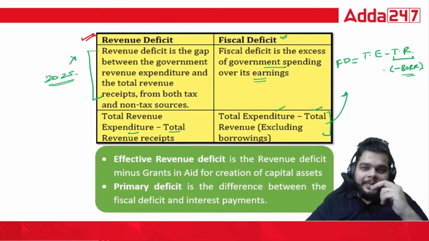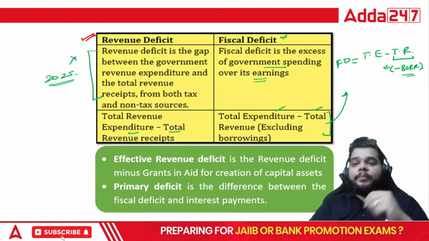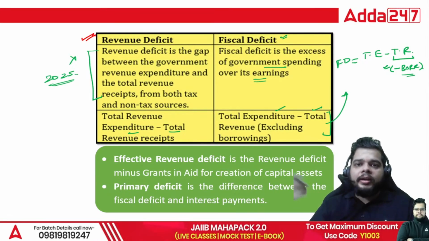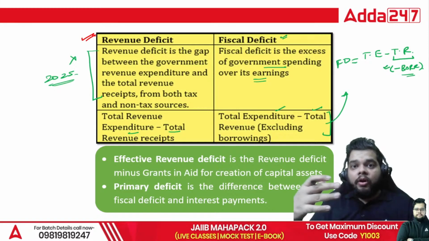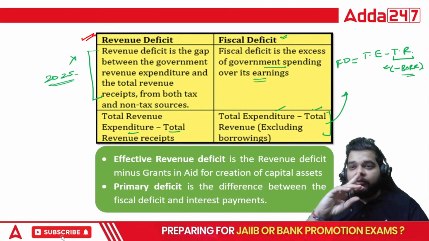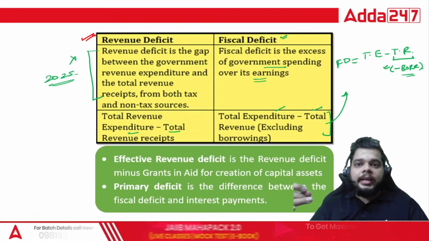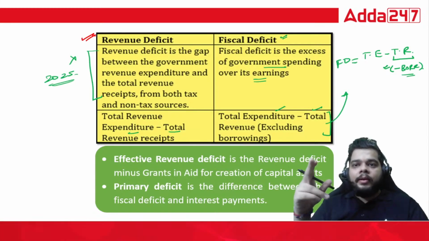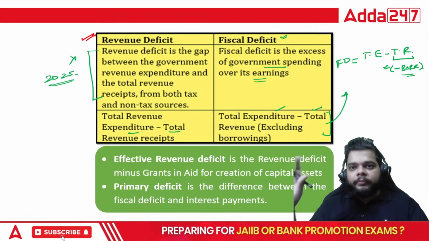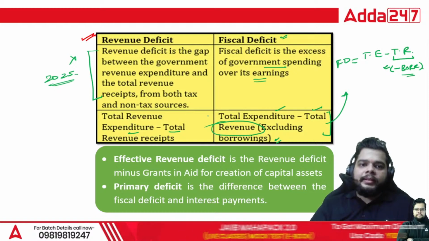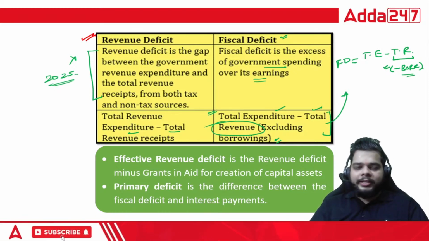Students often miss this part, but it is very important to subtract the borrowings because they are not a part of your long term revenue, which will reflect the entire deficit. So that is why you subtract the borrowing before you calculate the fiscal deficit. So step one will be what? Subtract any kind of borrowing from the revenue and then subtract it from the total expenditure.